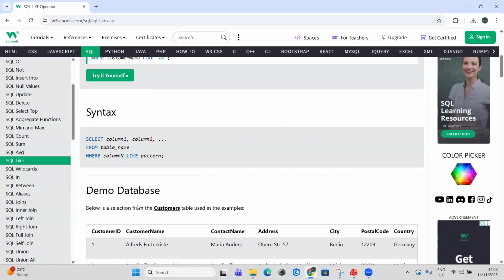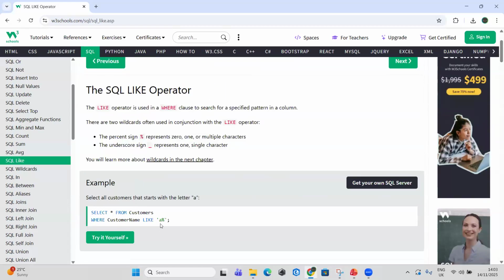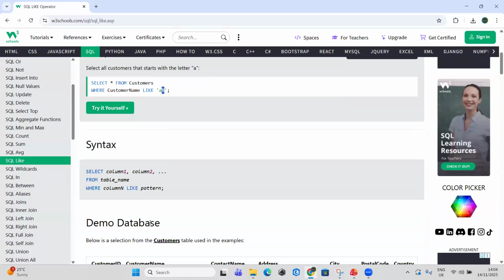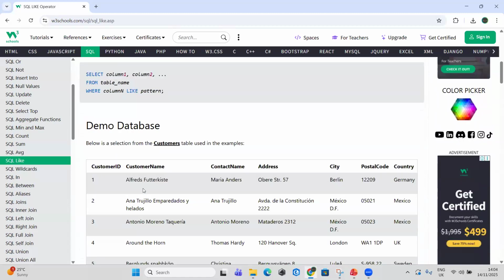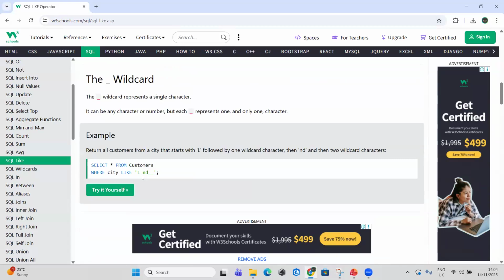So if you see here, this is some kind of inbuilt feature of SQL. What I did here was that the name starts with A and I called the rest of the name percentage. Similarly, other than the percentage symbol, if I use an underscore, a single underscore means a single alphabet.